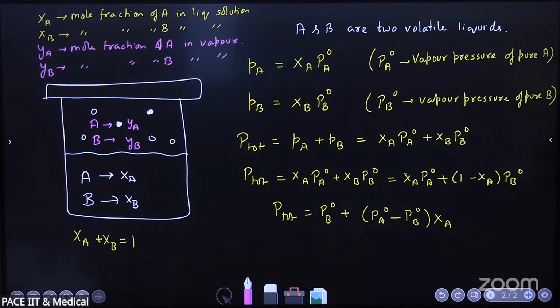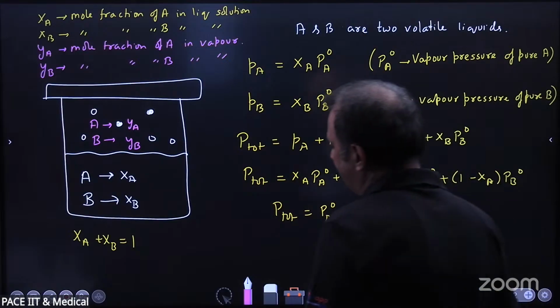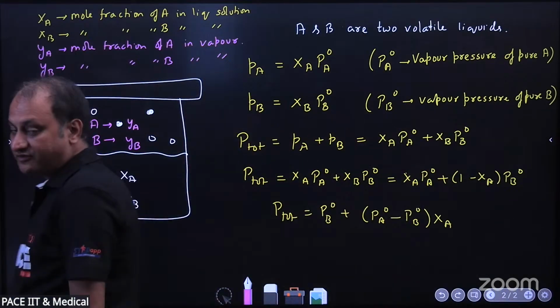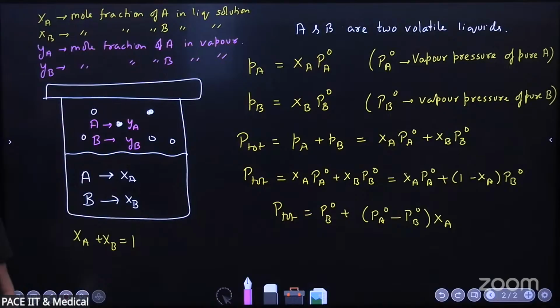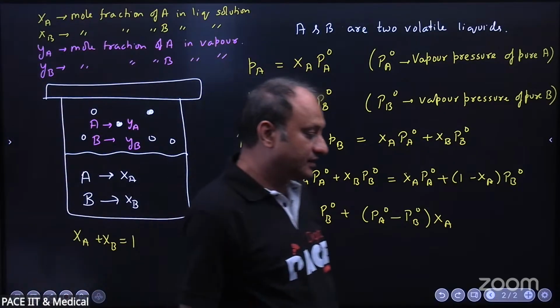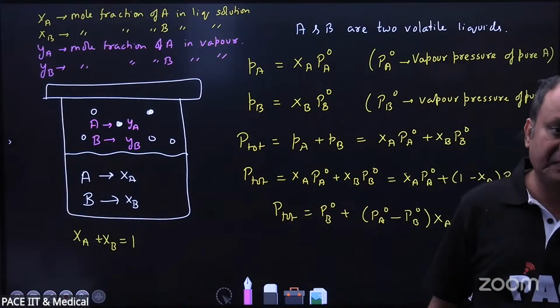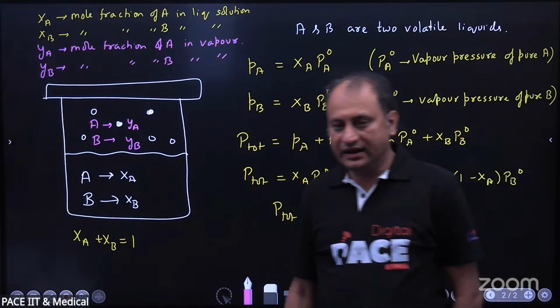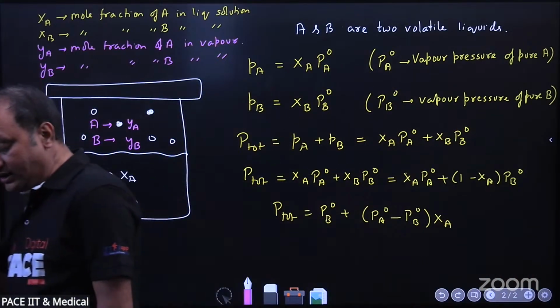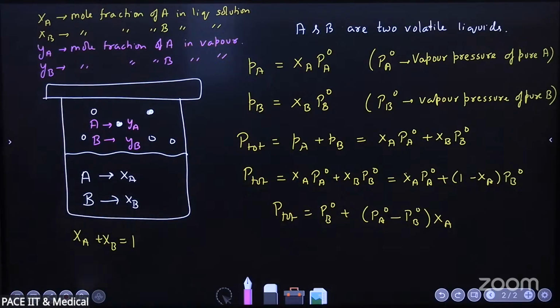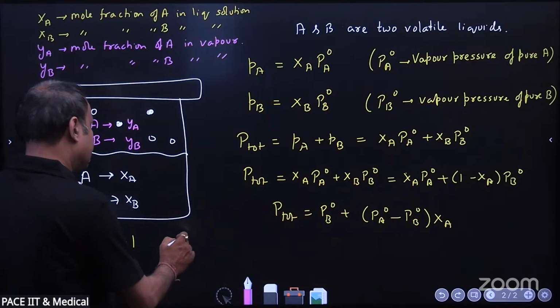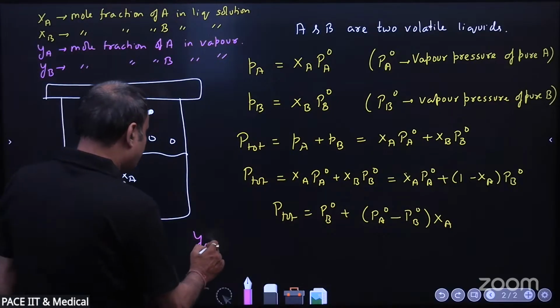So for YA and YB, we can apply Dalton's law for a mixture of gases. So what does Dalton's law say? Dalton's law says that the mole fraction of a gas in a mixture of gases is equal to its partial pressure by total pressure. So what will be YA?